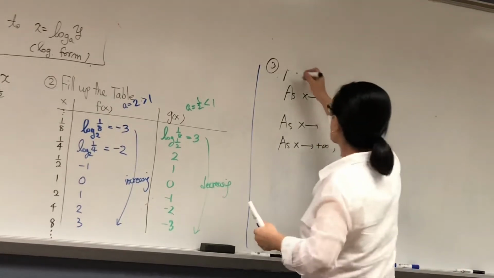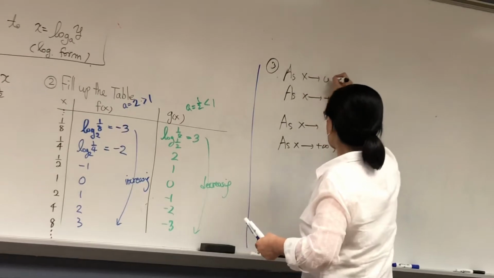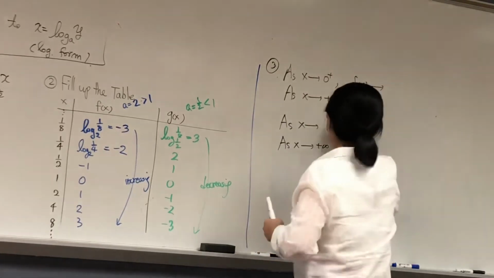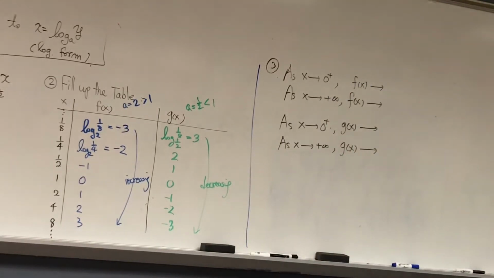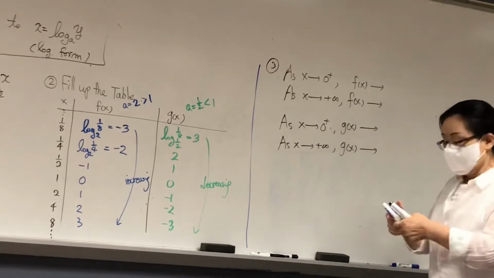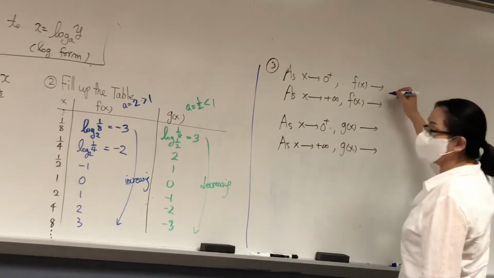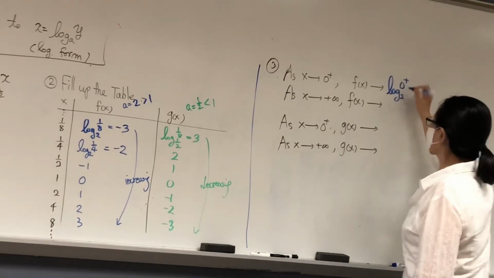So what I want to do is x approaches 0 from the right. F of x goes where? From the right, because your domain is 0 and above. Let's try. It approaches log base 2 of 0 plus, right?